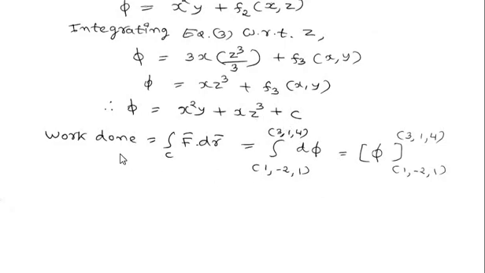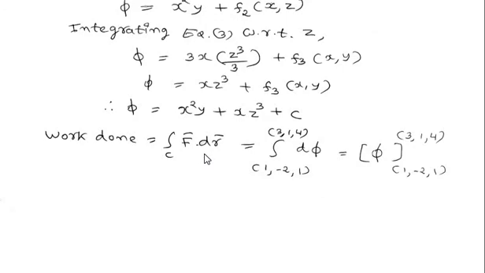Now the work done, that is the integral of F bar dot dr bar along the given curve C, equals what? d phi. Why d phi? Because here the line integral is independent of path. Why is it independent of path? Because we are getting curl F bar equals 0.